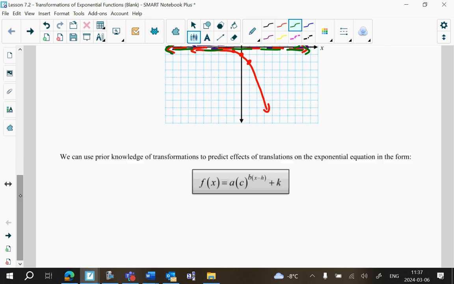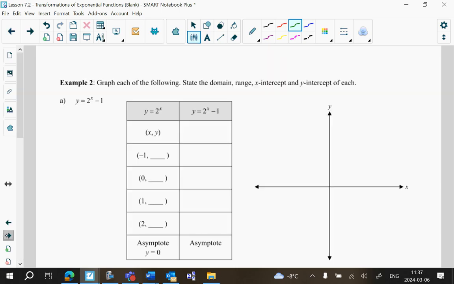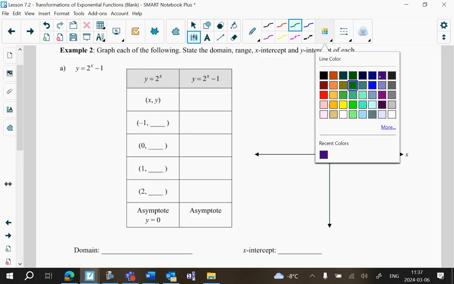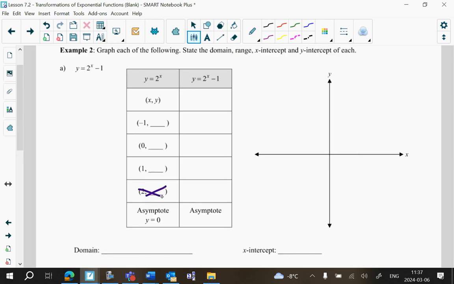So let's just look at a couple of examples. I put 2 in here. We don't need to use 2. We don't need this. Okay. But I've set these up for mapping notation. So we know that those are the points.